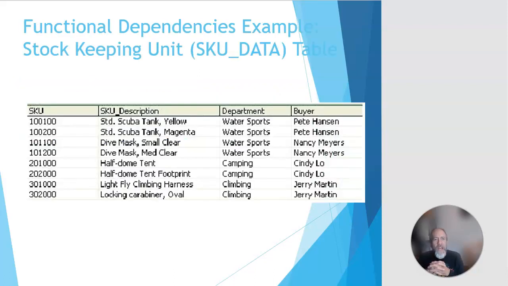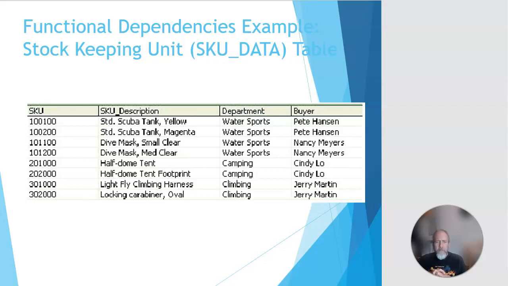So let's look at just one here. Here's an example of a table. This table is a horrid table, but that's okay. We're going to look at this later. We've got some SKU numbers. SKU numbers would be basically a number of an item, a description, a department.